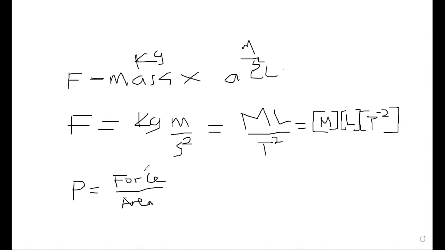All right, so the unit of force is what we have up here: kilogram meters per second square, all over the unit of area, which is meter square. If we simplify this mathematically, I put over 1 here. I can't leave it this way.